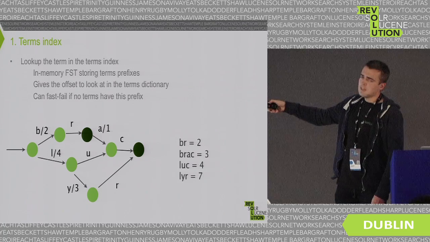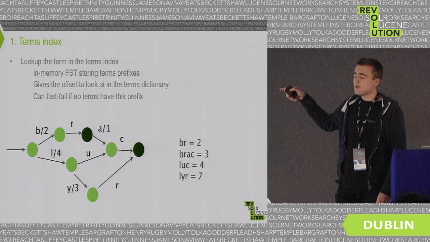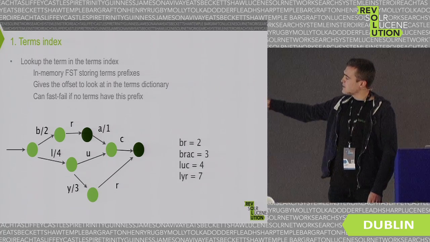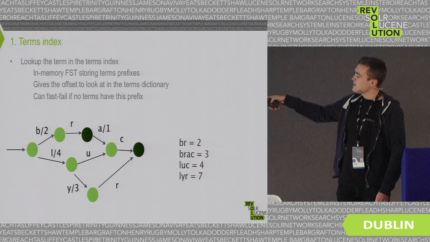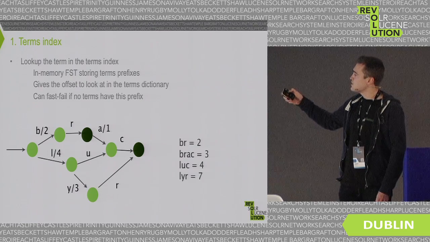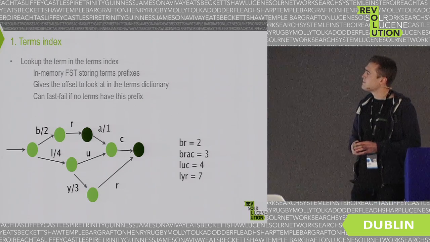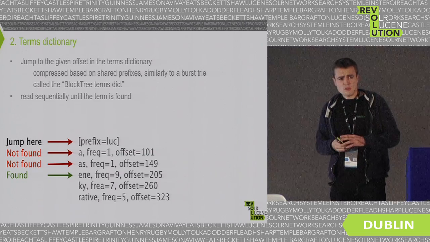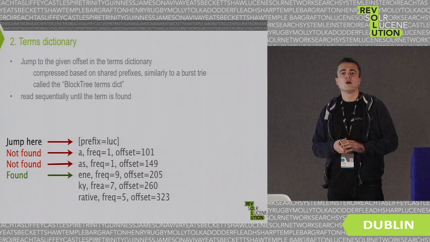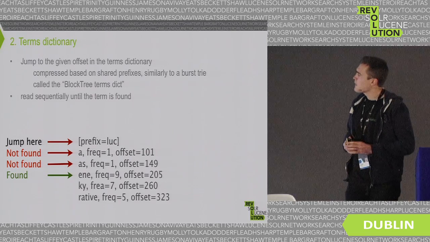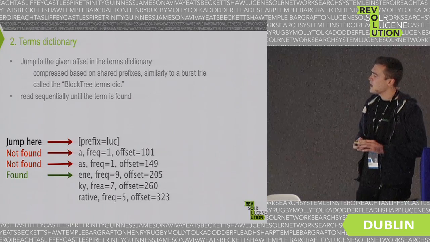So getting back to our term query, we are searching for Lucene. We found that there are terms starting with Luc, and we can find them at offset 4 of the terms dictionary. So let's go to the terms dictionary. The terms dictionary is basically a sorted list of all the terms which exist in your index. So how is it stored?